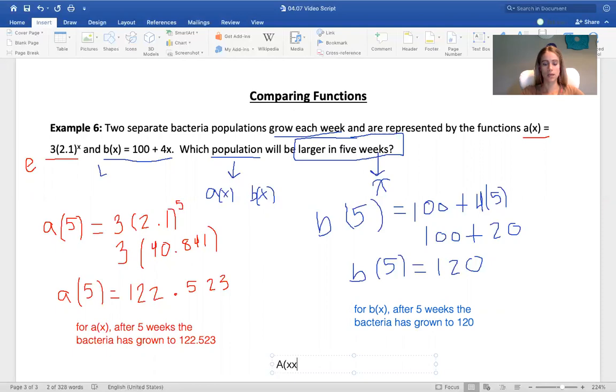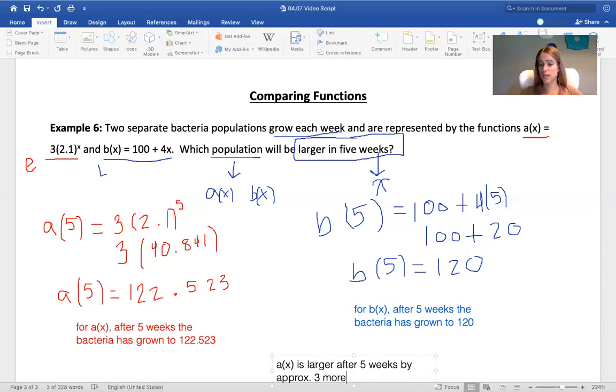So a of x is larger after 5 weeks by approximately how many more? 3 more if we round it up. So not much more.